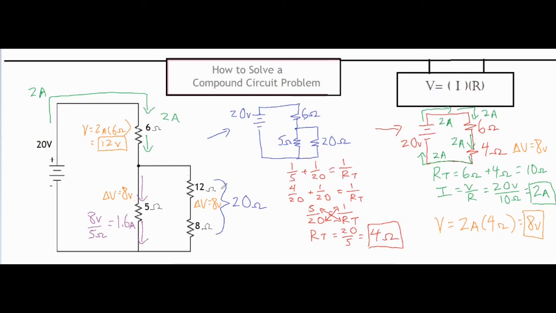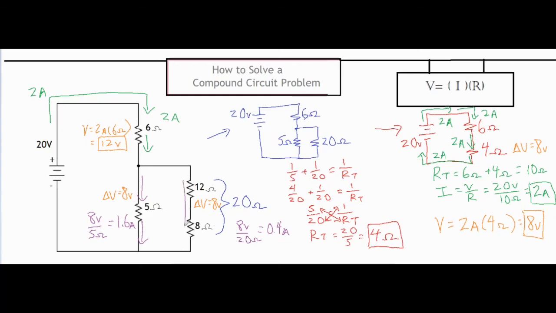And then on this part of the parallel circuit, we have a total of 20 ohms resistance for this entire branch. So we can take 8 volts divided by 20 ohms, and that gives us a value of 0.4 amps.